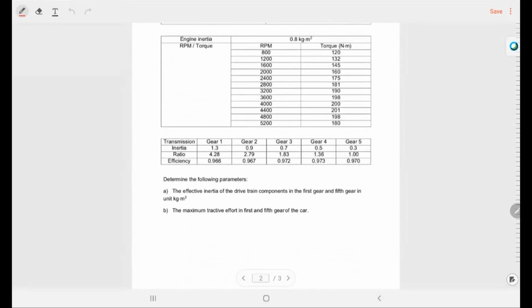There are two sub-questions here. A, you need to determine the effective inertia of the drivetrain components in the first gear and fifth gear. So there are two, first gear and fifth gear.